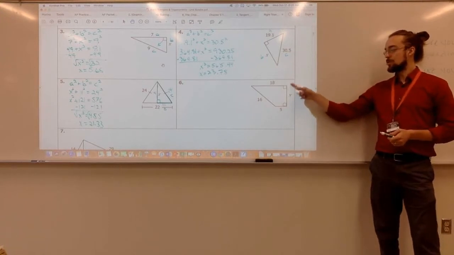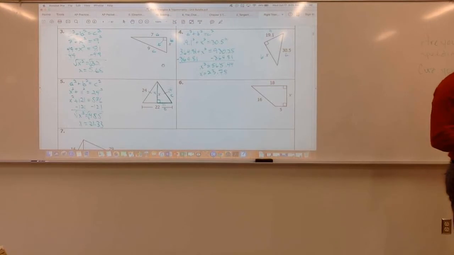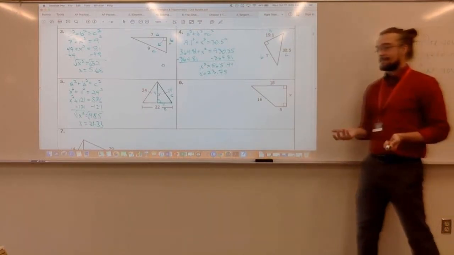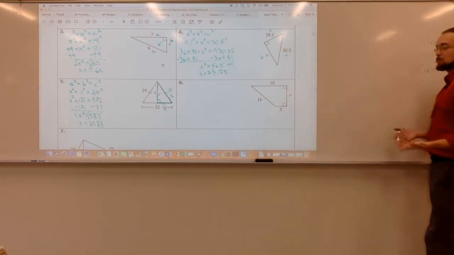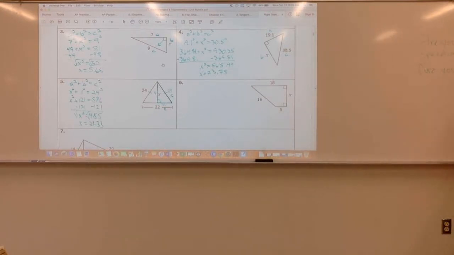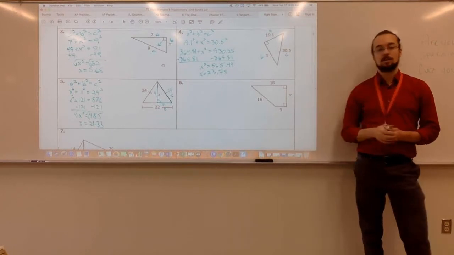My goal is to solve for this side. This is not a right triangle. This is actually a trapezoid. Well, no, we can create a right triangle in this situation. Does anybody see how we could do that to solve for this length here?